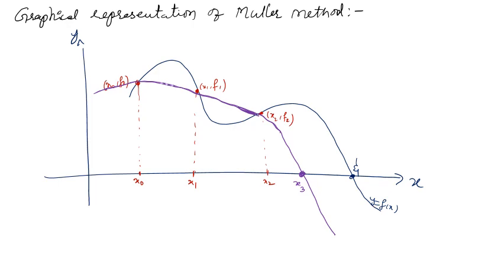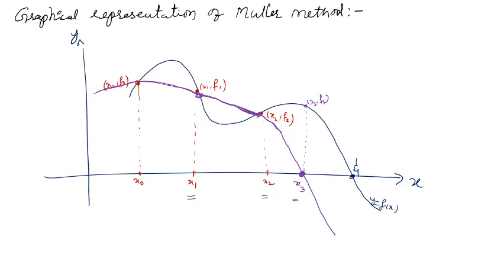What are the next roots? x1, x2, x3. At x3, the point on the curve is x3 comma f3. Now the points x1, x2 and x3 should be joined.